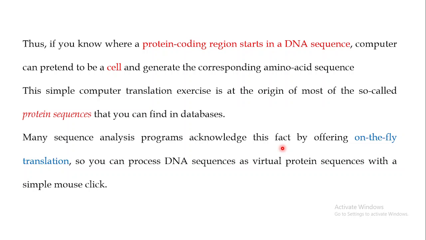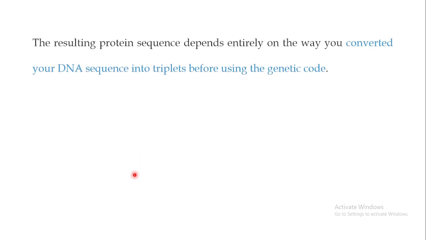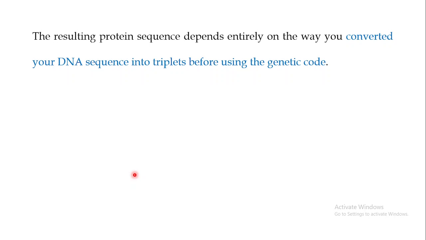They actually offer this on-the-fly translation, so you can process your DNA sequence as a virtual protein sequence with a simple mouse click. As I told you, the important thing is where to start making the codons, or from where to start making the triplets.